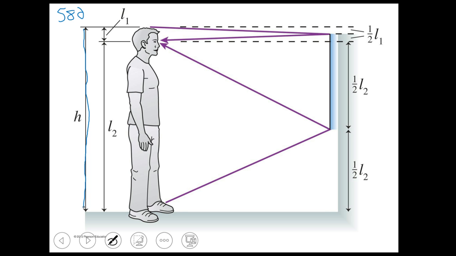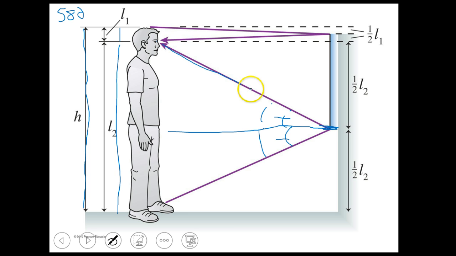They've got a distance L1 from their eyes to the top of their head, and a distance L2 from their eyes to the bottom of their feet. Because of the law of reflection, the incident angle has to equal the reflected angle, so the mirror needs to start at least halfway up L2 for those angles to be equal.